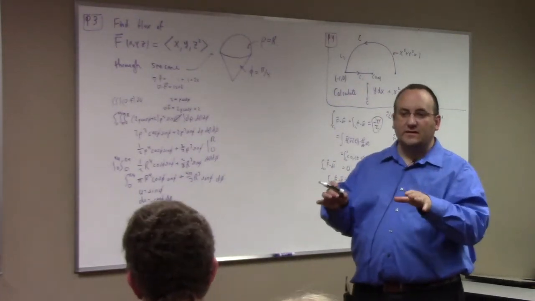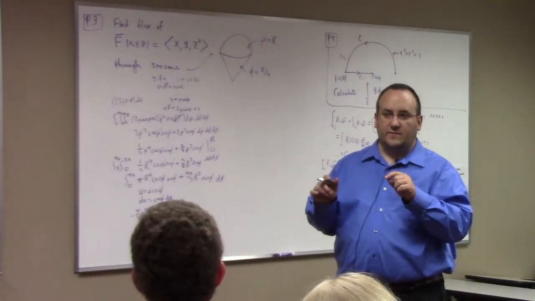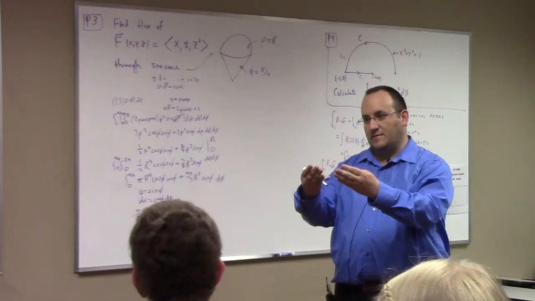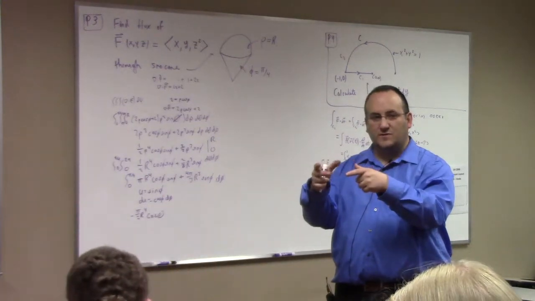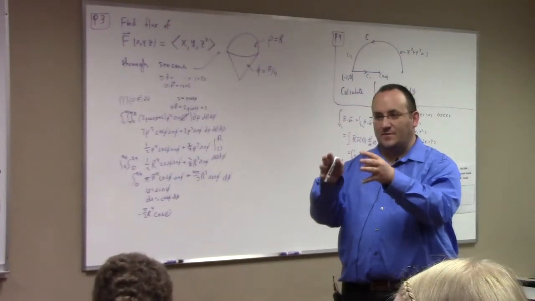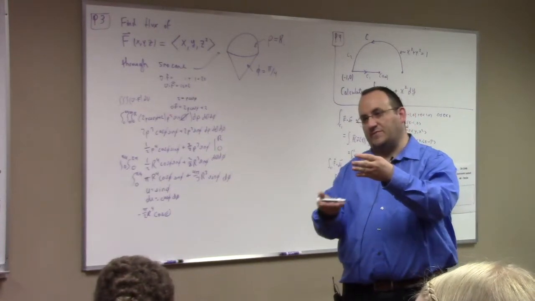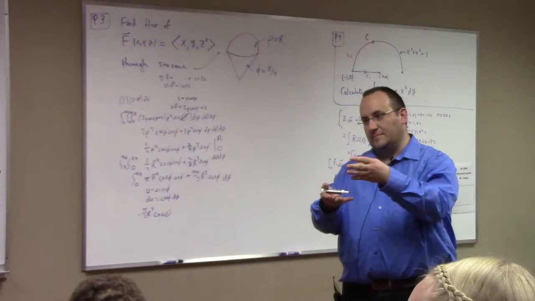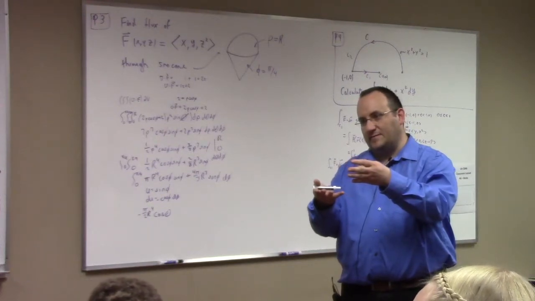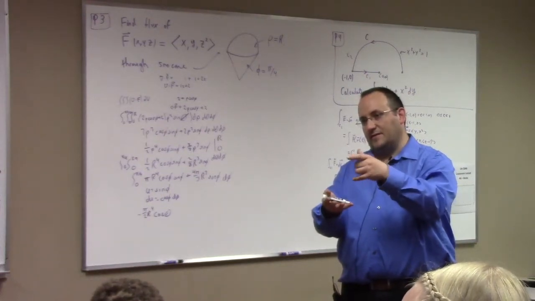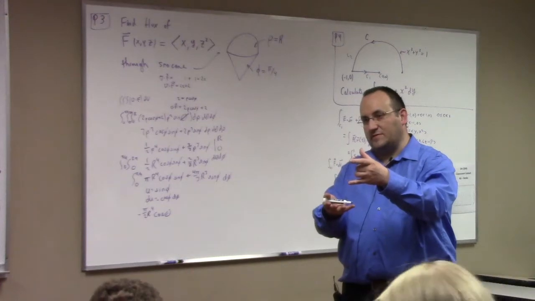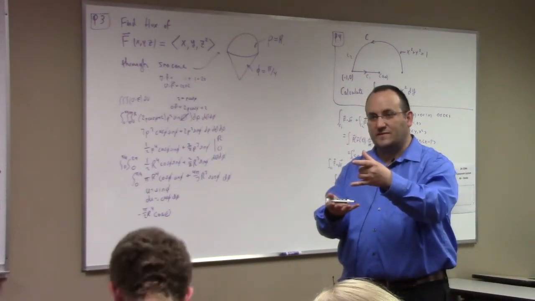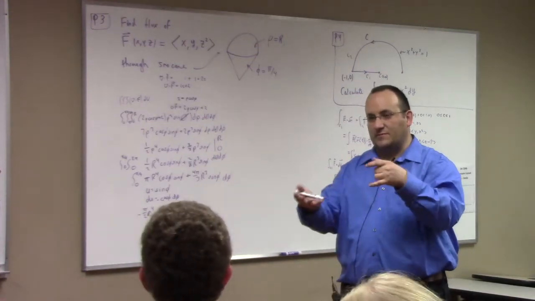Again, the big idea here is if you're asked to find the flux over part of a simple solid, and the part that you're tasked with you don't like, you take the complement of that part, and that gives you the other part of the boundary of the simple solid. So the flux of that is going to be minus the flux of the other part if the divergence of the vector field throughout the solid is 0. Now, if the divergence is non-zero, there's still a relation, but it wouldn't just be minus.